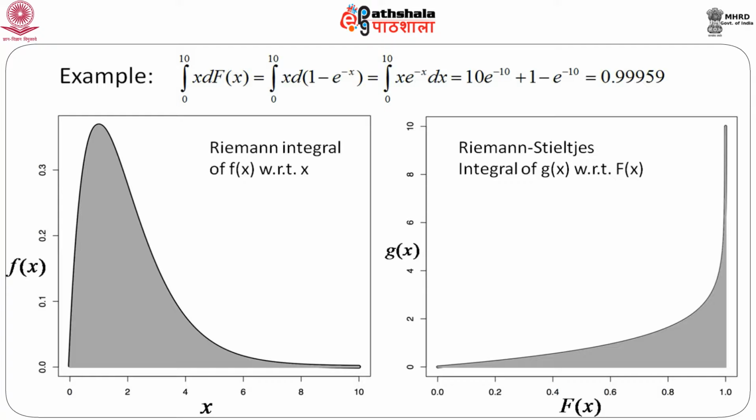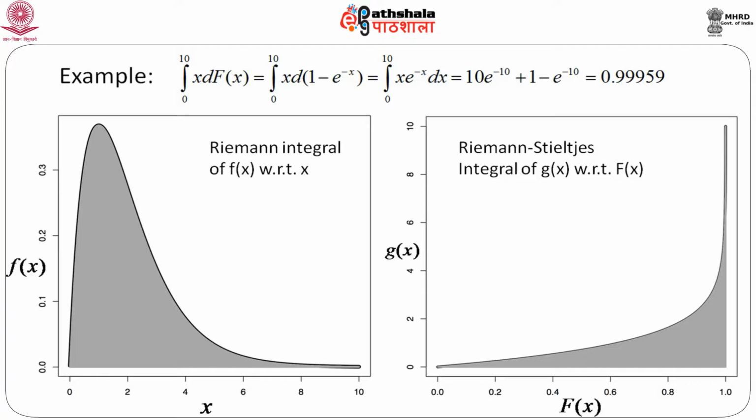So, you see the range is 0 to 1, and this is the curve of g x with respect to this capital F x. Note that although g x is just x, this x is plotted where the horizontal axis is given as 1 minus e to the power minus x. That is why this curved nature comes, and the area under this curve is nothing but this integral, and it is seen that these two areas are the same.